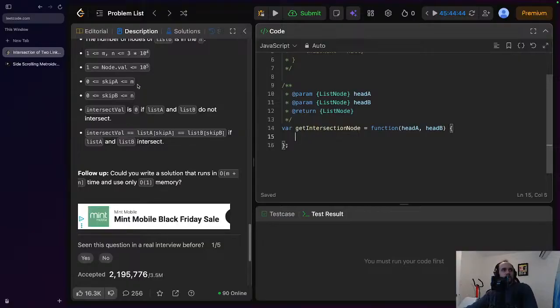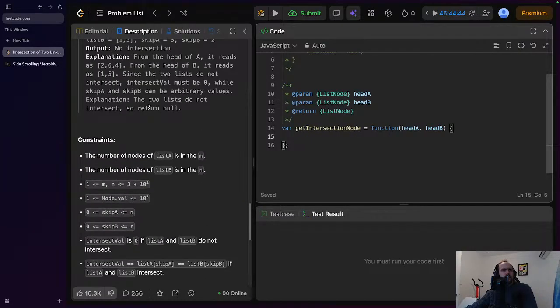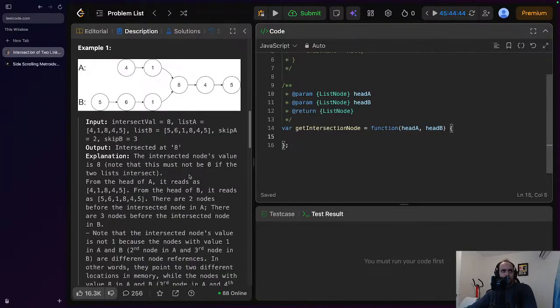And M is the number of nodes in list A, the number of nodes in list B is N. What are you talking about, M and N?